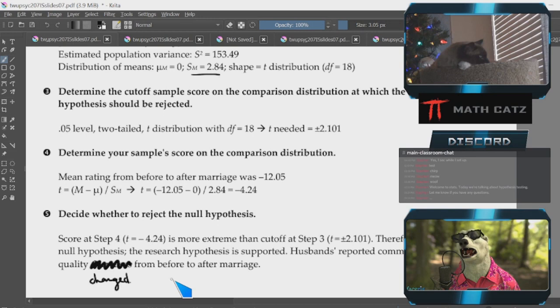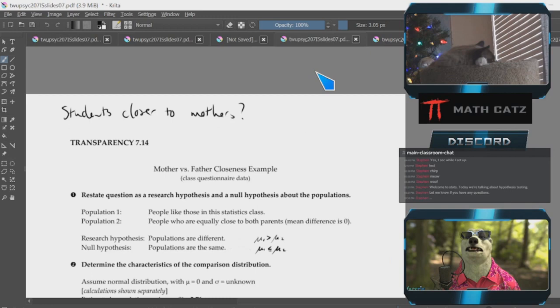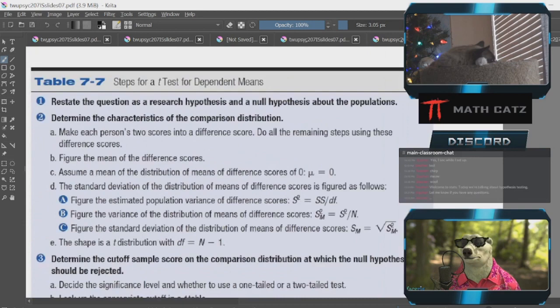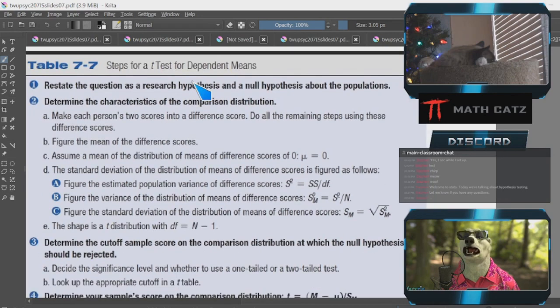So let's do one more. Actually, let's run through the summary and then emphasize it with another example. So I'm going to zoom in here since we can squeeze it. So the steps for a t-test for dependent means. Dependent means it's the same people, for example, before and after some sort of treatment or test.